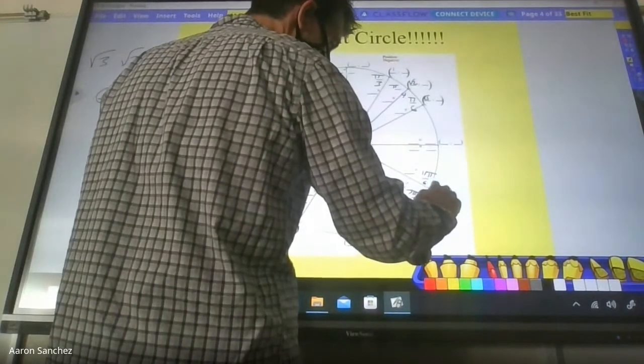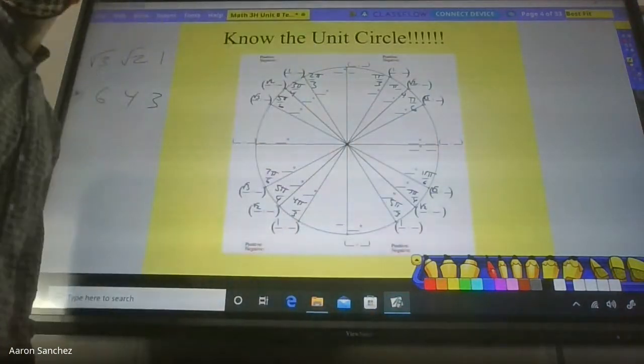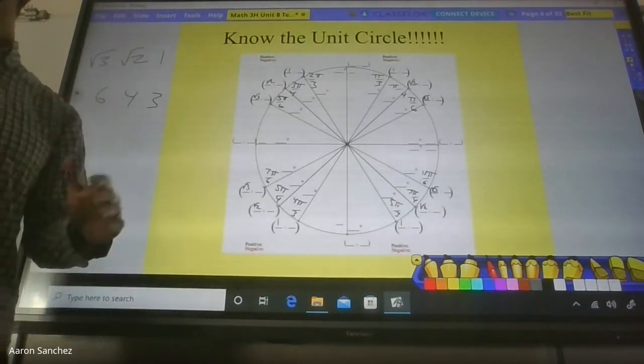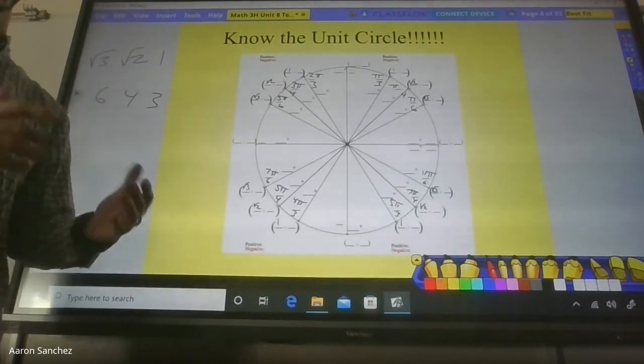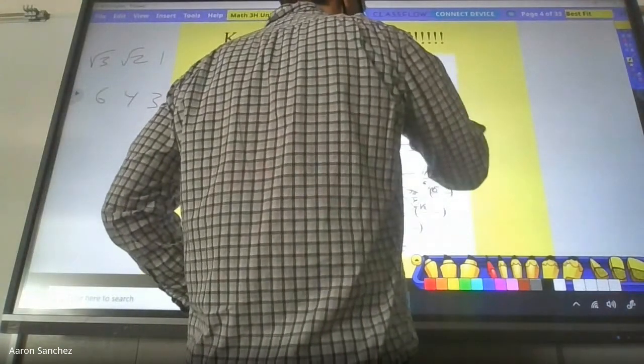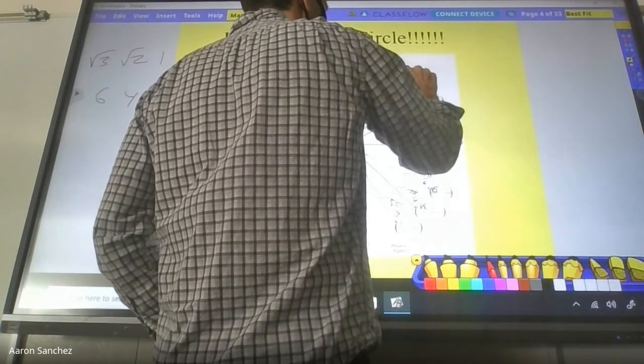Now, everything has a denominator of 2. 1/2 goes with root 3. Root 2 goes with root 2. And root 3 goes with 1/2, right? Root 3 over 2, 1/2. Root 2 over 2, root 2 over 2, 1/2, root 3 over 2.